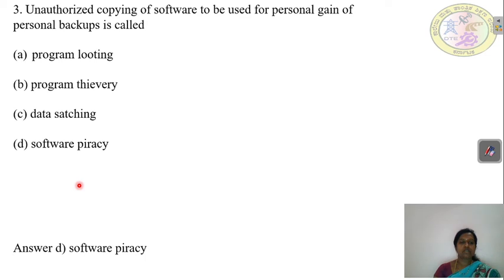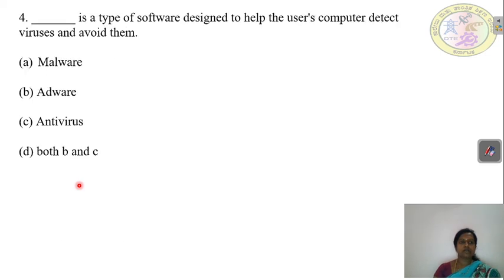Answer D, software piracy. Fourth question. Dash is a type of software designed to help the user's computer detect virus and avoid them. A, malware, B, adware, C, antivirus, D, both B and C. Answer is C, antivirus.